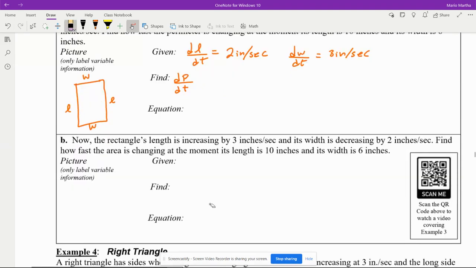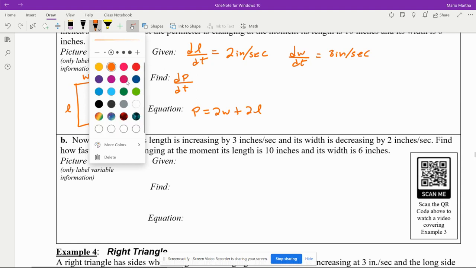So we need to find the equation, and we know it's given by P equals 2w plus 2l. From here, all we have to do is take the derivative implicitly. Just remember, in this case you're taking the derivative with respect to time.